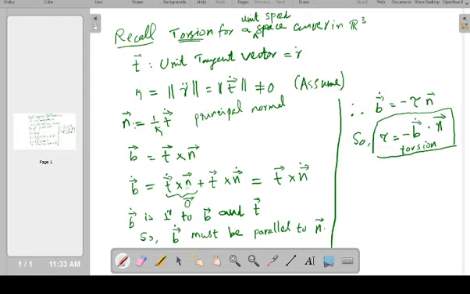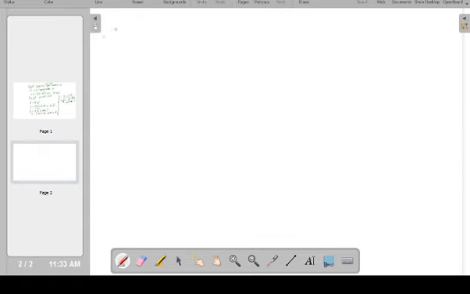Now we will prove a proposition on how to compute the torsion without making the given regular curve a unit speed curve. Sometimes making a regular curve a unit speed curve is a tougher job.